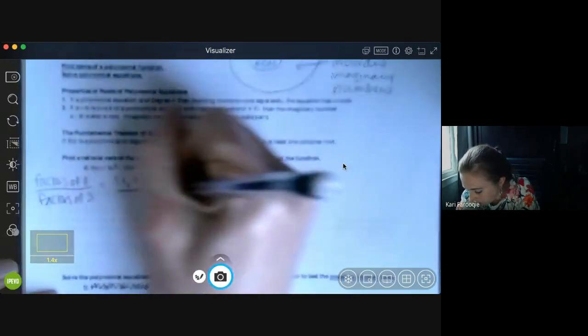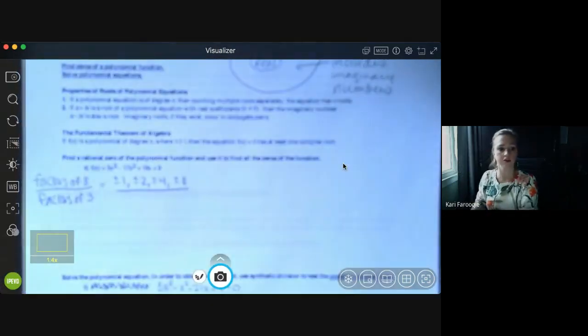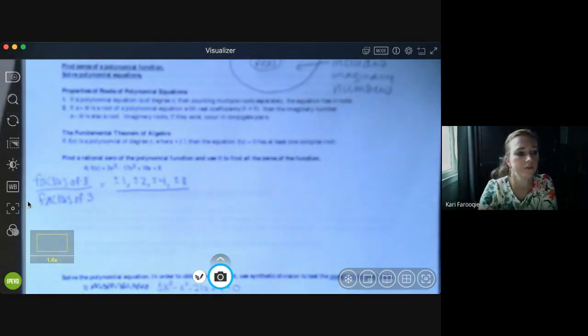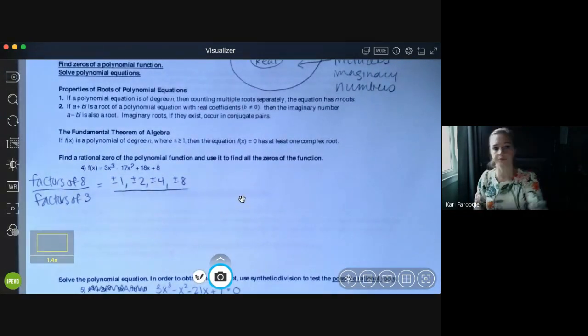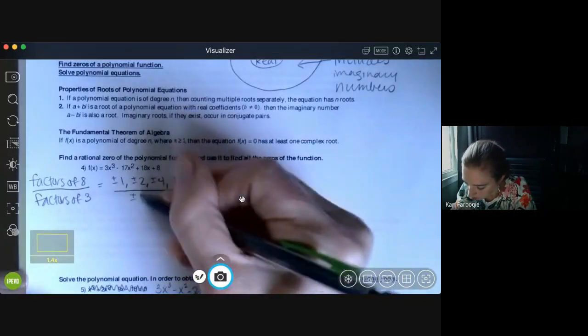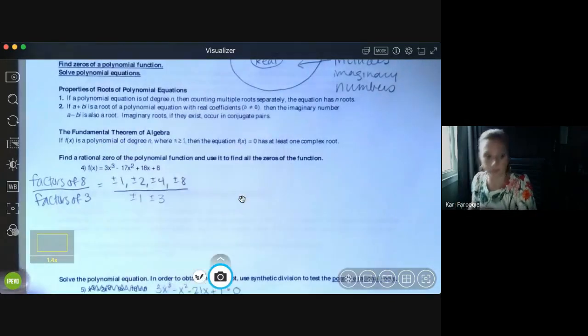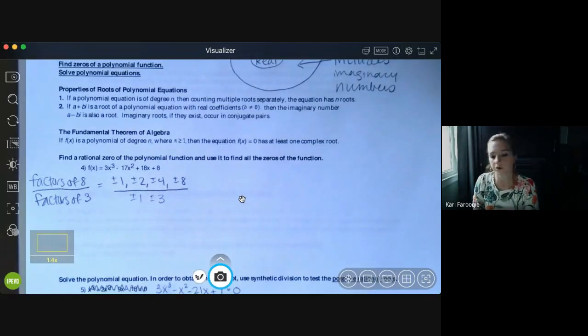And we can use either positive or negative of any of those values. And for the factors of 3, you just have 1 and 3. Positive or negative for both.